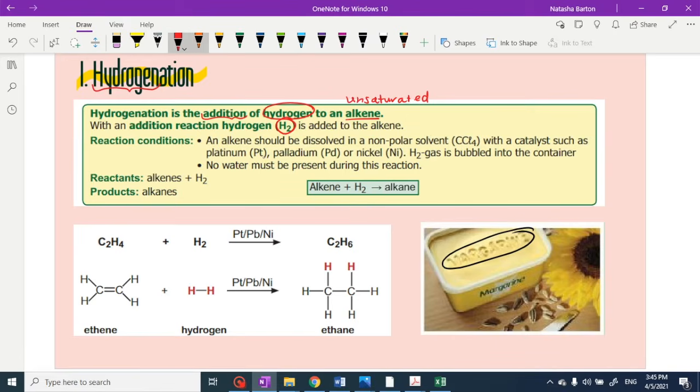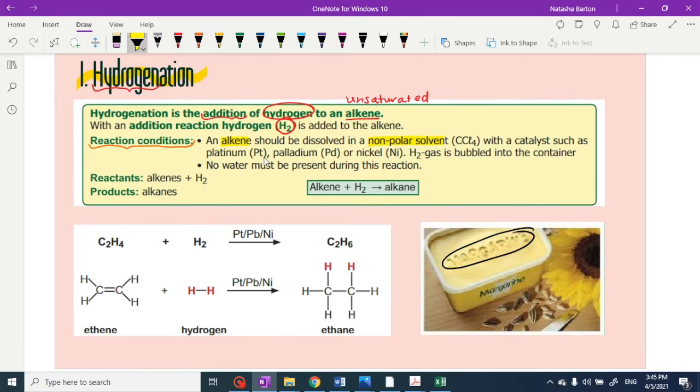Now, grade 12s, you need to be able to identify these reactions as hydrogenation and as addition reactions. And there are some reaction conditions that you need to know off by heart. When we have a hydrogenation reaction taking place, the alkene should be dissolved in a non-polar solvent.